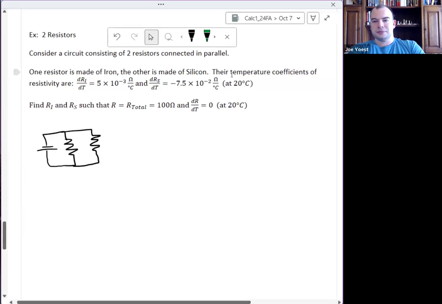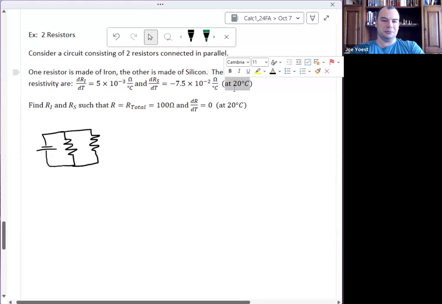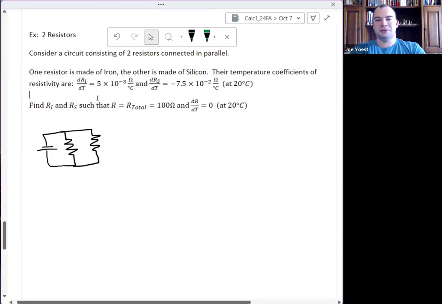So for each type of resistor, there is a number called the temperature coefficient of resistivity. For iron, that turns out to be positive. It's the number positive 5 times 10 to the negative 3 ohms per degree Celsius, measured at 20 C, basically room temperature, 70-ish Fahrenheit.